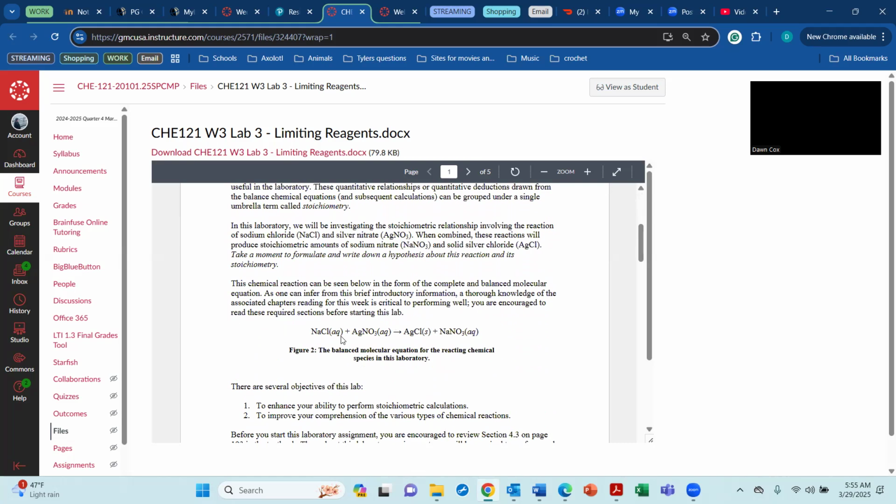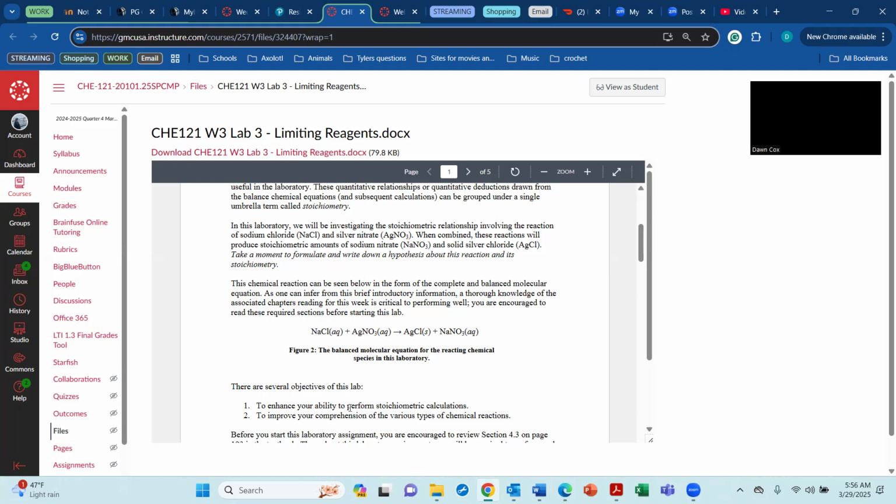So actually, you're not doing three here. You're doing just this one. Okay, never mind. So you want to include this reaction because that's the reaction that's under study, and then include anything that it talks about here in your introduction as well.